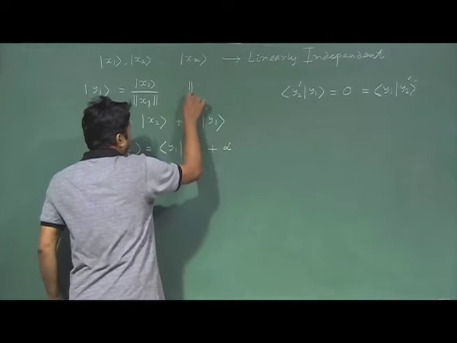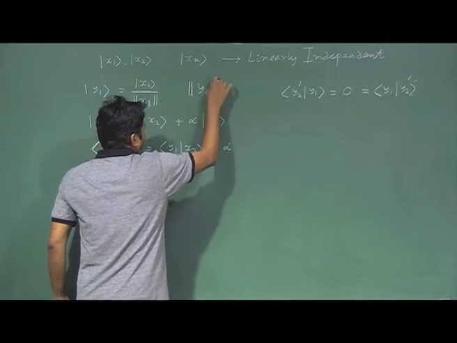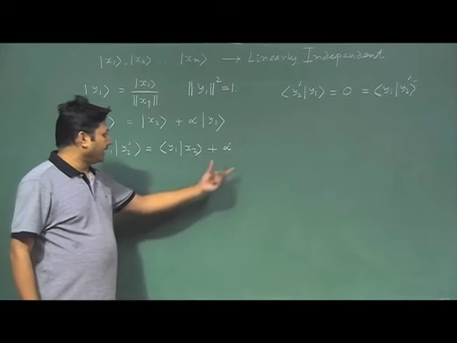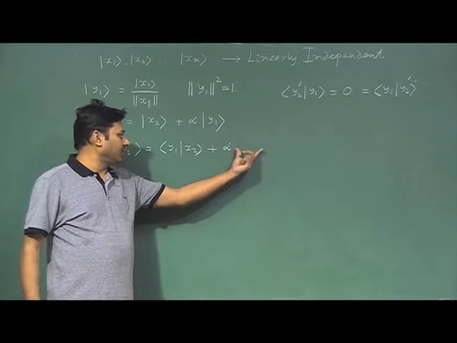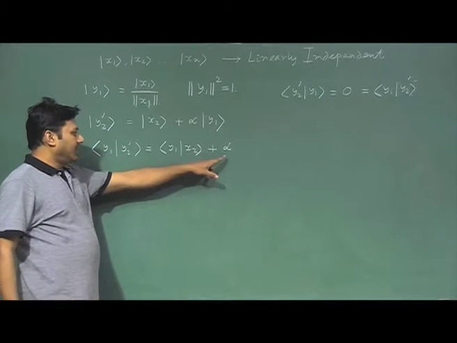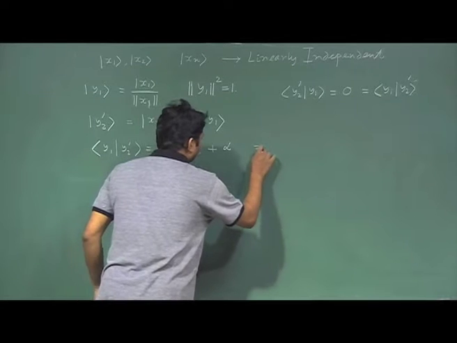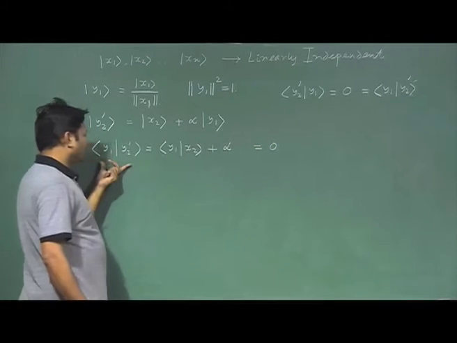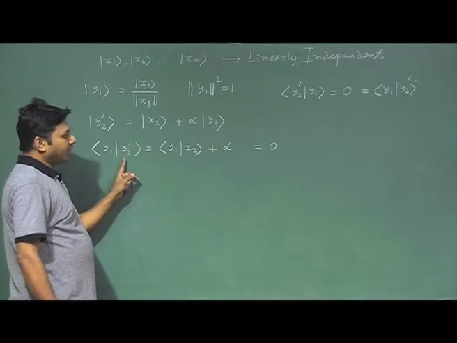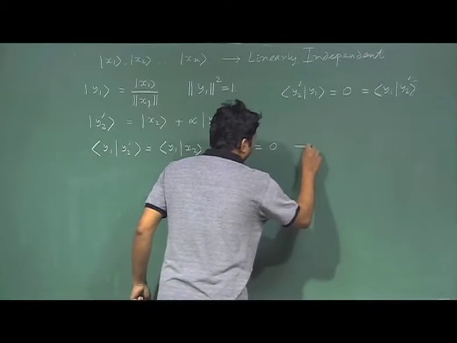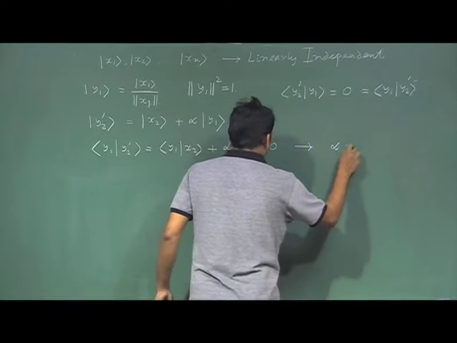So from here I know that this quantity is 1. Now my demand is that alpha will be such that this quantity is equal to 0, because I want y1 and y2 to be perpendicular to each other.